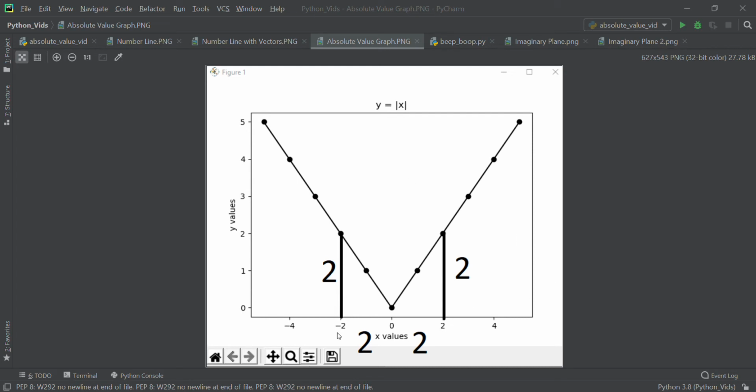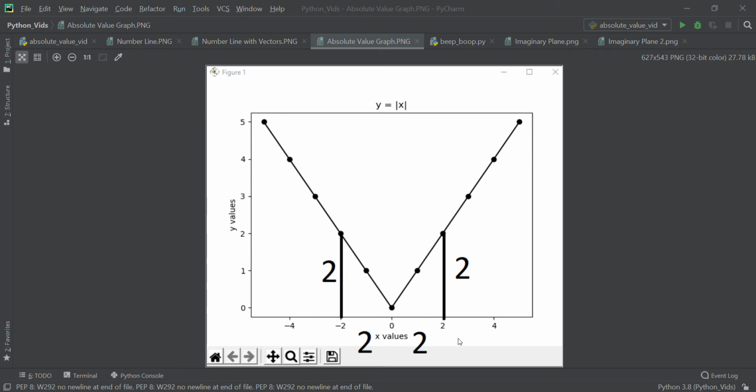The absolute value of -2 is also a positive 2. It's the same. And so we have the same absolute value for both figures. Both are the same distance away from 0, and we see that both values here in the y-axis are positive 2, regardless of whether we're giving it a negative x value or not.